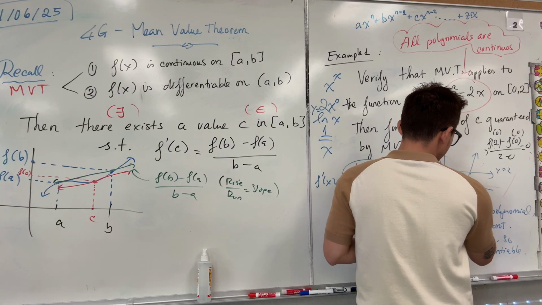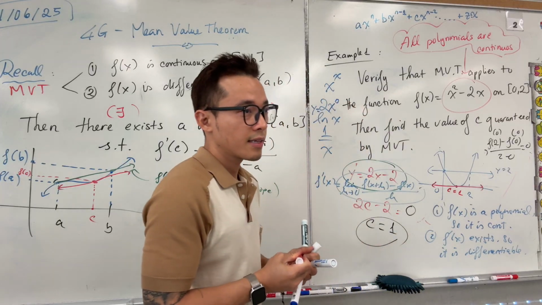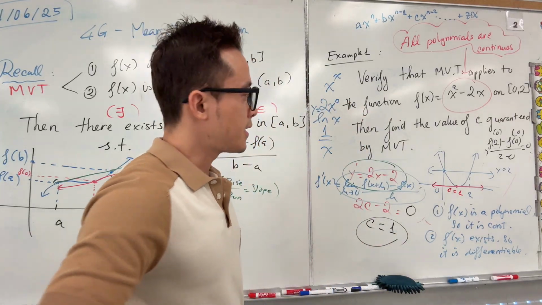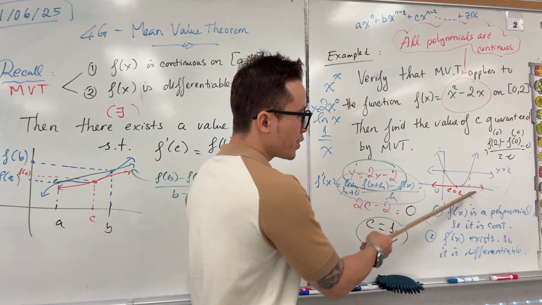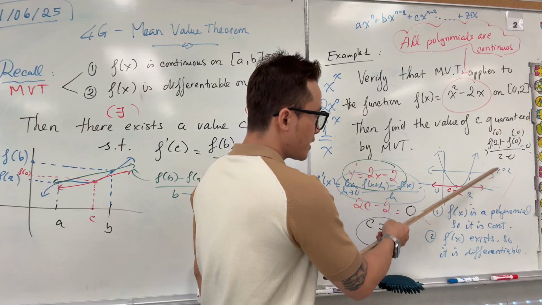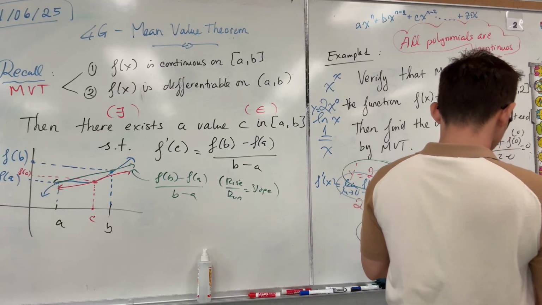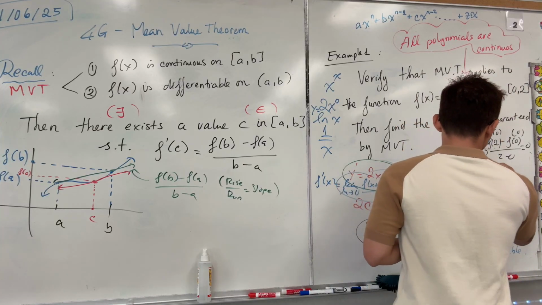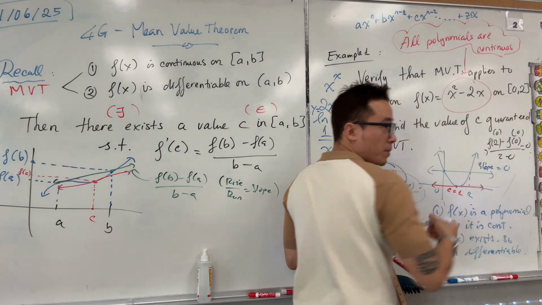C is 1, because that also gives you the same slope. That's the picture of the function. At 0 to 2, the slope is the straight line. The slope is 0. And at this one, the slope is 0.